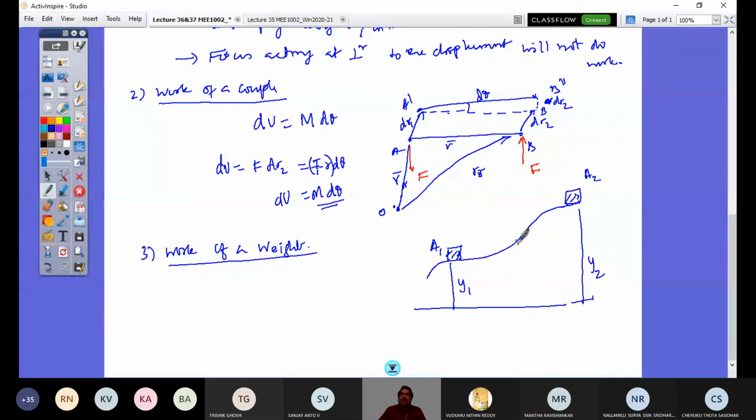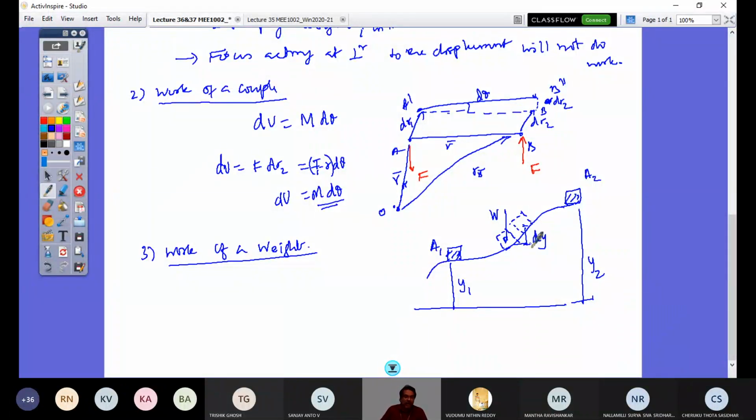Now, the weight of this block is, let me take an intermediate location. This block weight is W, and it has to move with a change in height given by dy. So this height is dy.